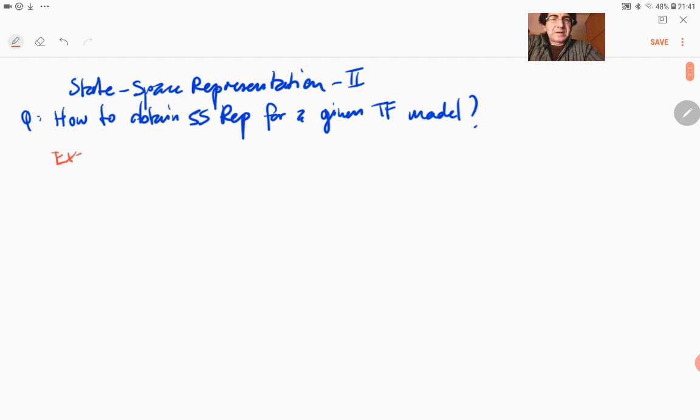In our example, the system is given in a factorized form. This has 10(s minus 4) in the numerator, and in the denominator we have 3 poles: s plus 1, s plus 3, and s minus 2.